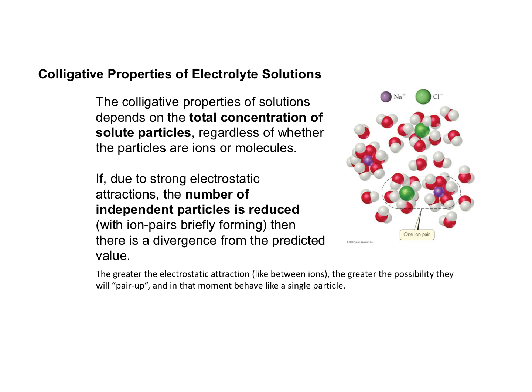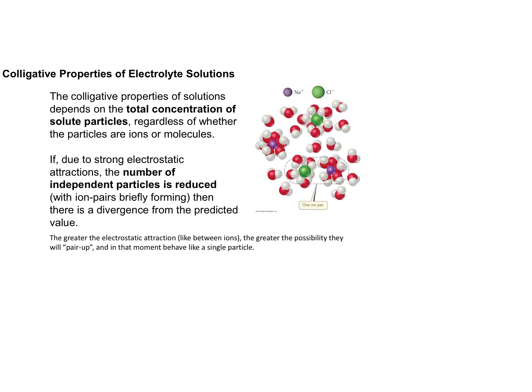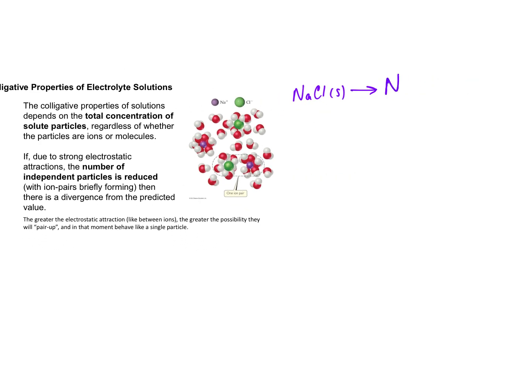So again, colligative properties depend on that total concentration of solute particles. And I said before, with the example, if we have sodium chloride, solid, we put that in solution, we get sodium ion and chloride ion. For every 1 sodium chloride, we get 2 ions total.